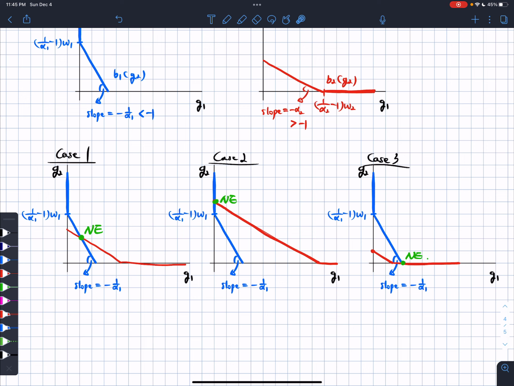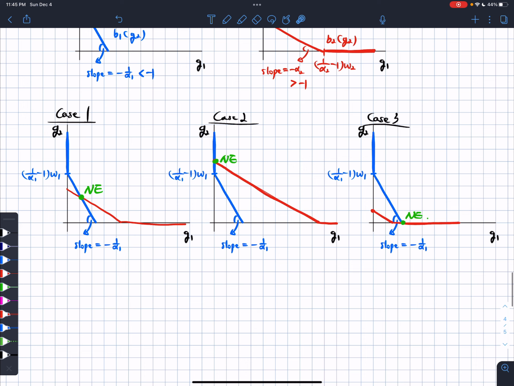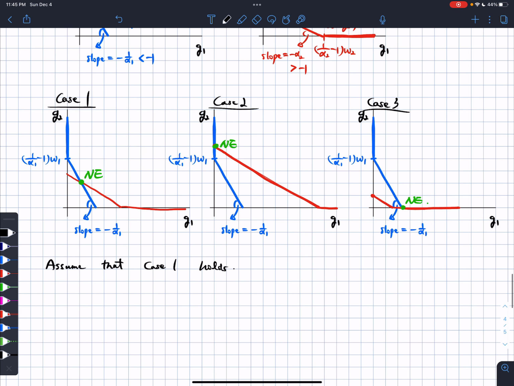Well, for this case, you have to make sure that this value is larger than this guy, and moreover, this value is smaller than this guy, right? So we assume that case 1 holds, okay? And when would that be the case?